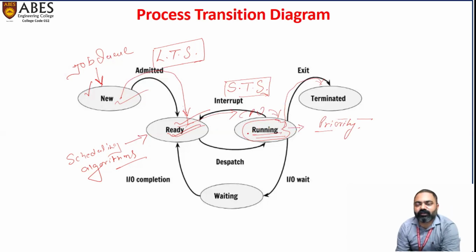The process which is currently running will go inside the ready queue and wait for its turn, and the new interrupt, which has higher priority over the earlier process, will get the CPU and go into execution.